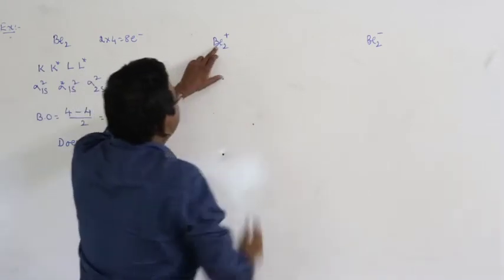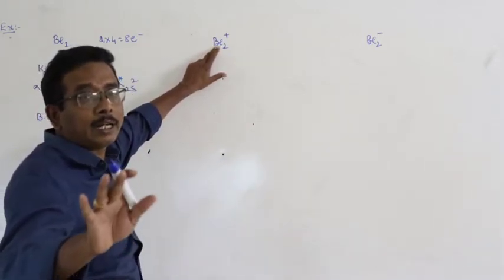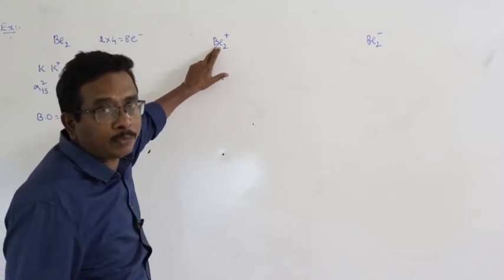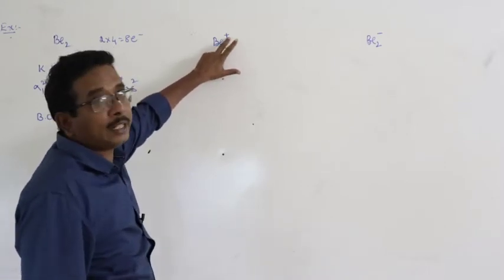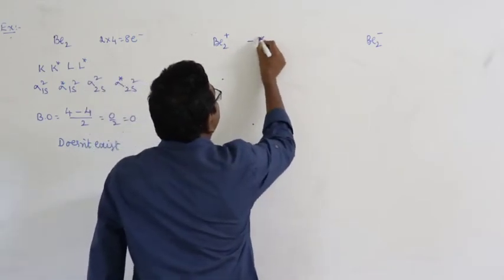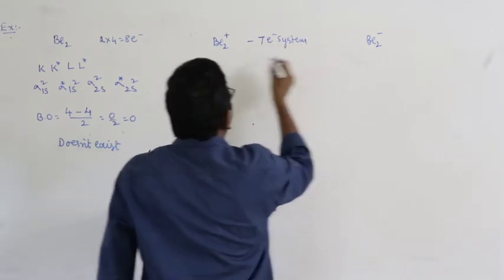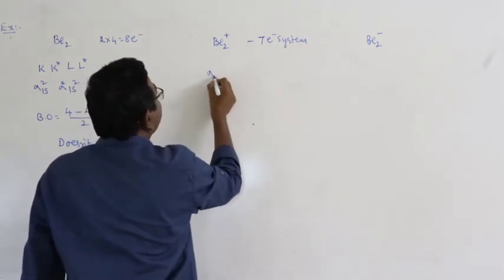Be2 plus, 2 beryllium atoms. Each beryllium atom contains 4 electrons. 2 into 4, 8. 8 minus 1, 7 electron system. What about the molecular orbital configuration?